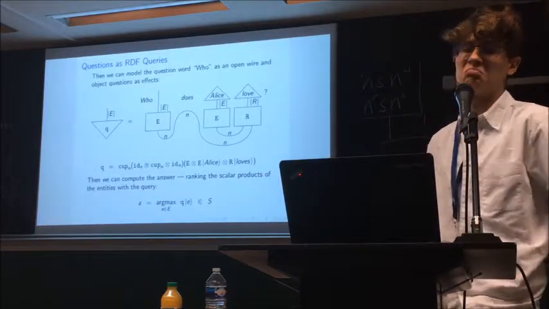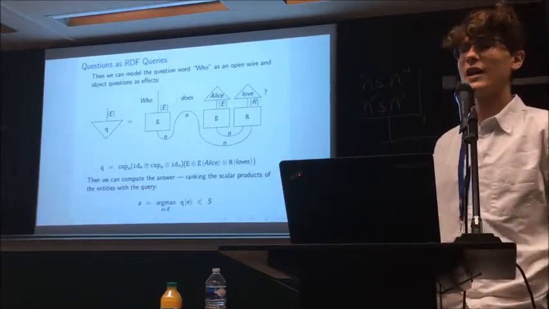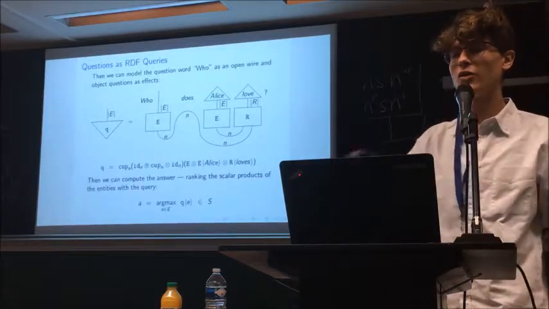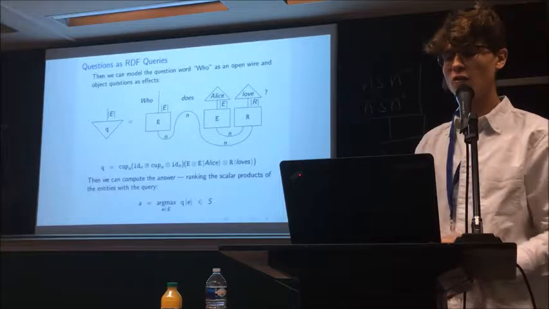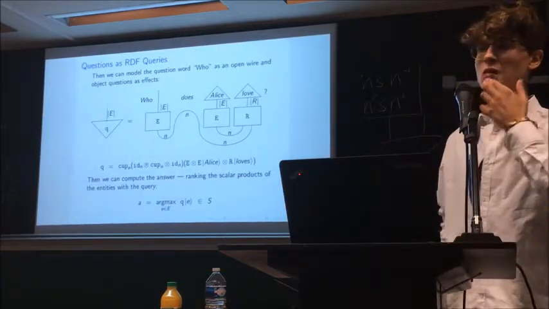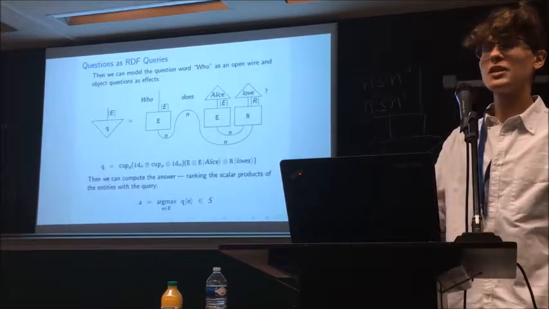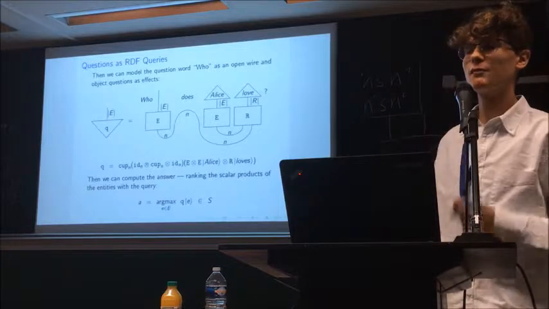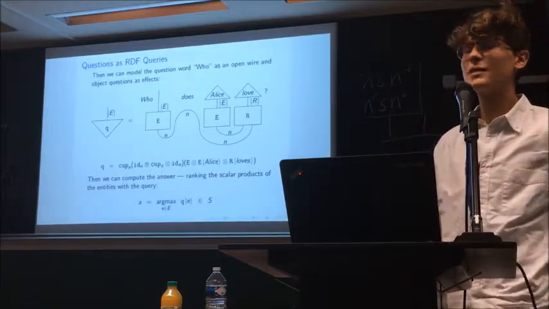So we can rank our entities and pick the one with the highest value according to this question. Depending on the truth value S that we choose, we're going to get different answers. So we could get a Boolean answer which recovers Montague's semantics framework.